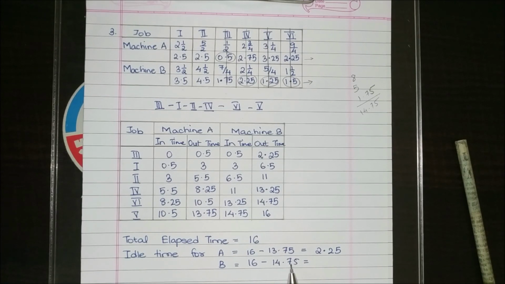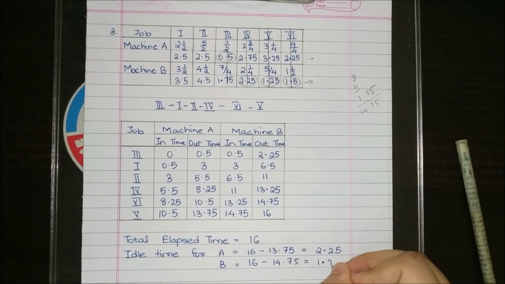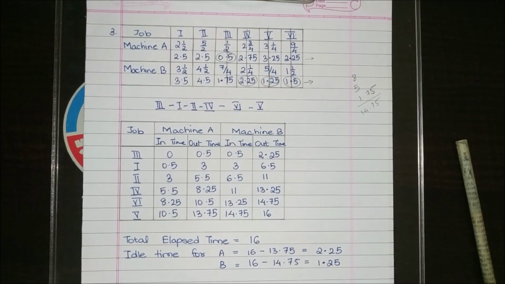There is a gap of पहले 2.5 and then 1, so 1.25 is the idle time for machine B.